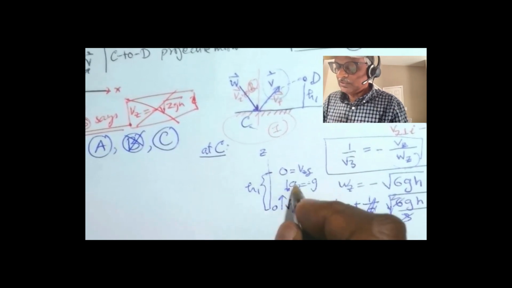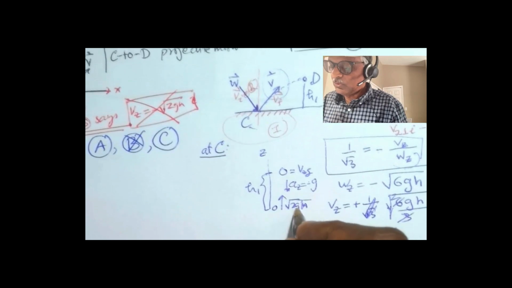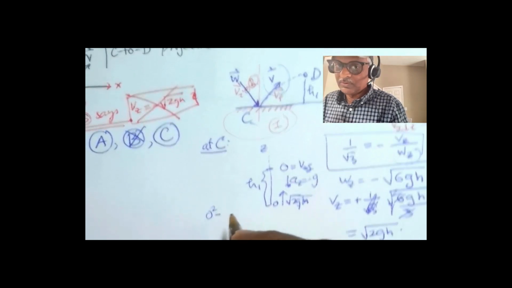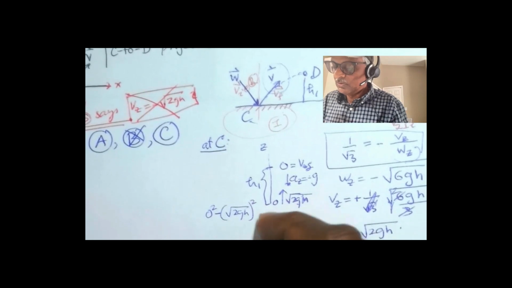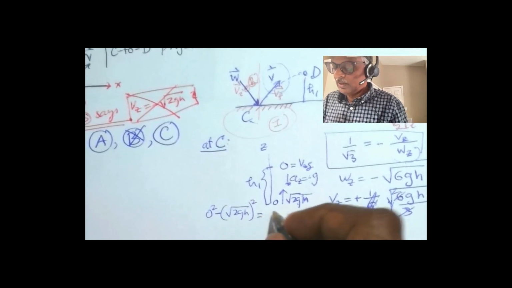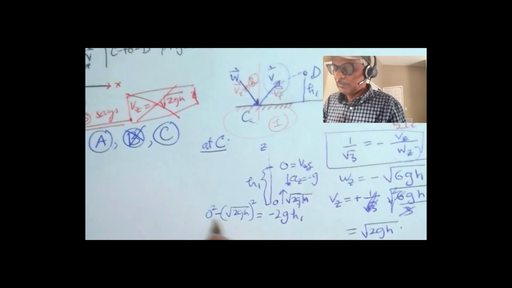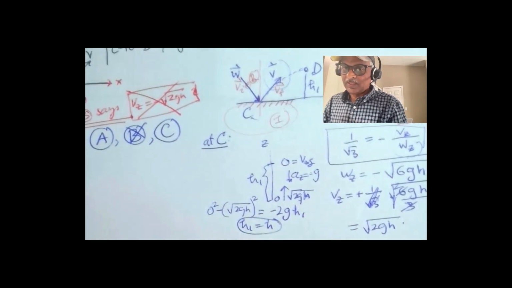So using this, you should be able to immediately see that the square of this minus the square of this, final square 0 minus square root of 2gh squared, equals minus 2g times h1. And so this just tells me h1 is just h. All right.